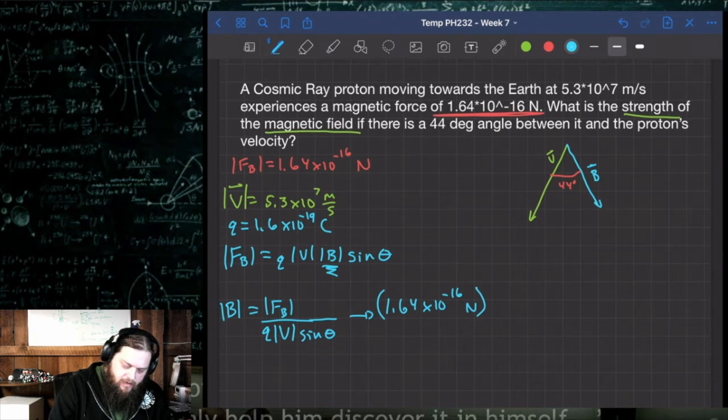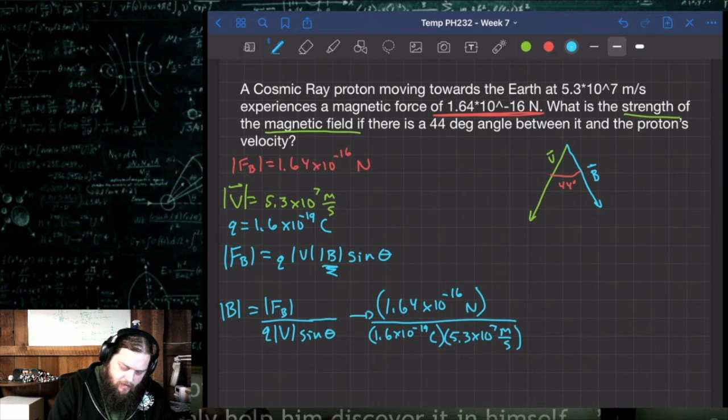That's the force. We're going to divide that by 1.6 times 10 to the negative 19 coulomb. And we're going to also divide by the velocity, 5.3 times 10 to the 7th meters per second. Multiplying at the bottom by sine of 44 degrees.